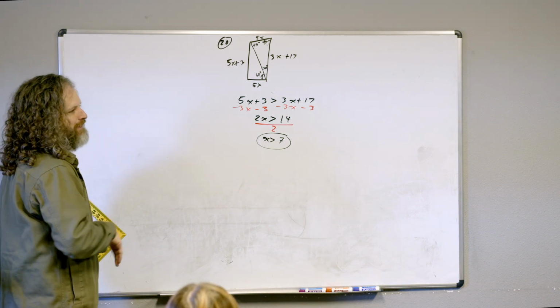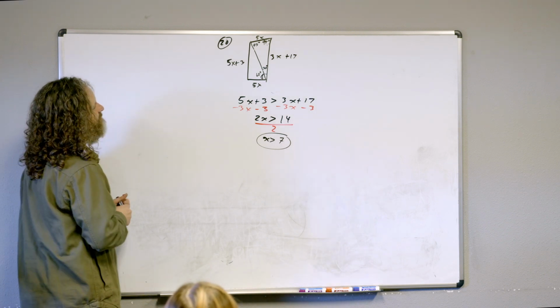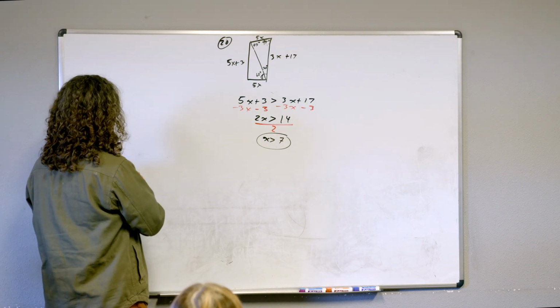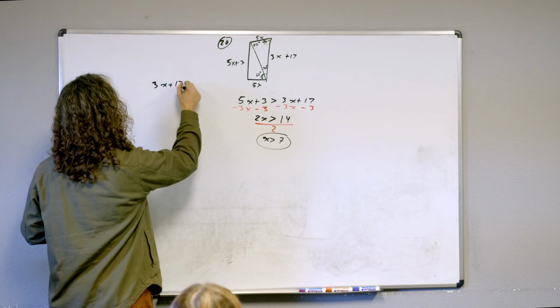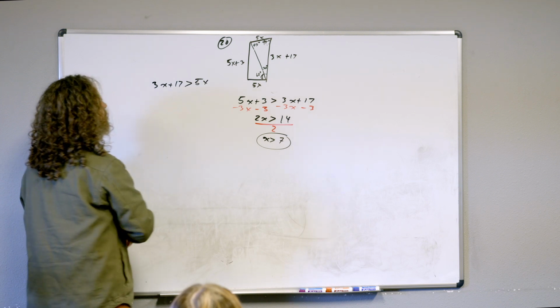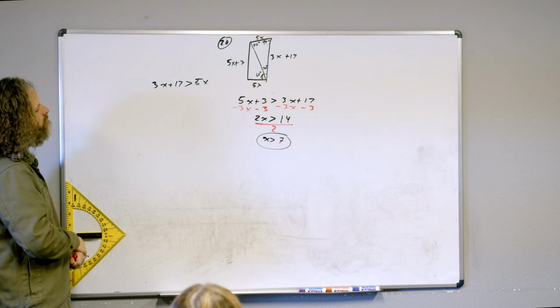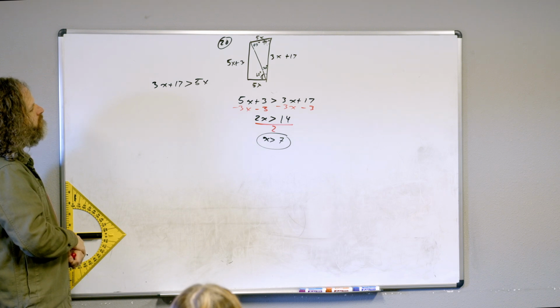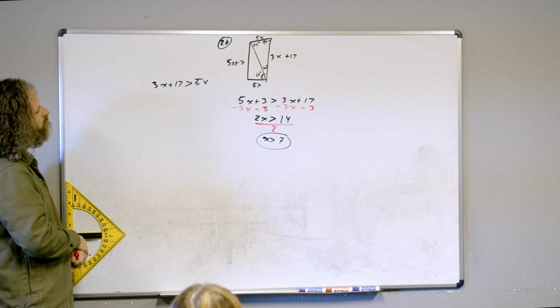Let's do what you said to do. So what would we have to do? Let's start with that. 3x plus 17 is greater than 5x. Okay. What now? 17 is greater than 2x.